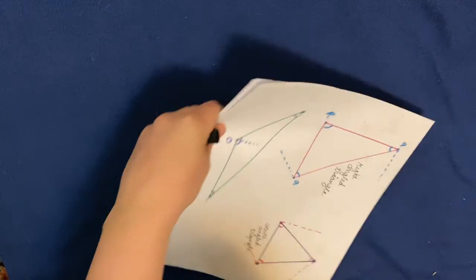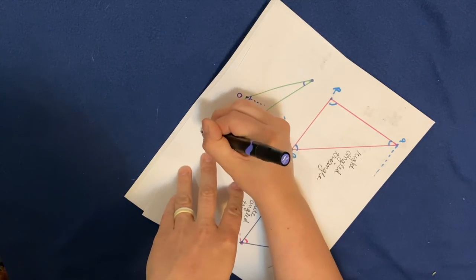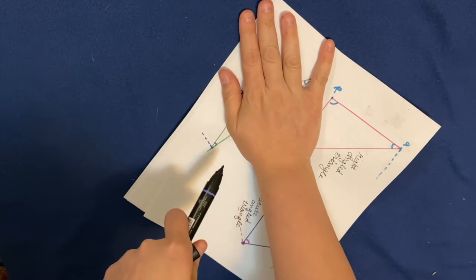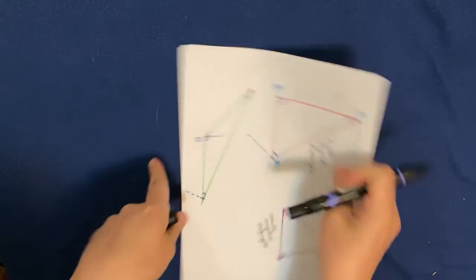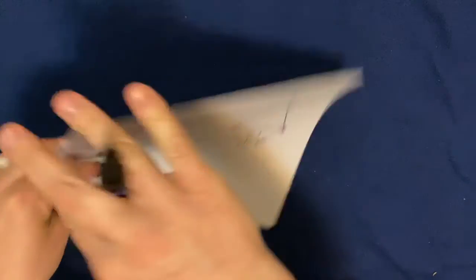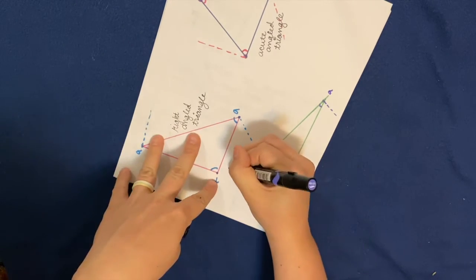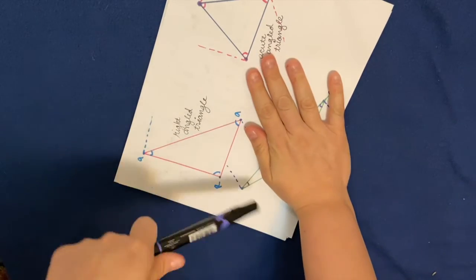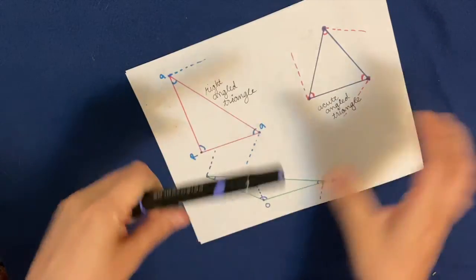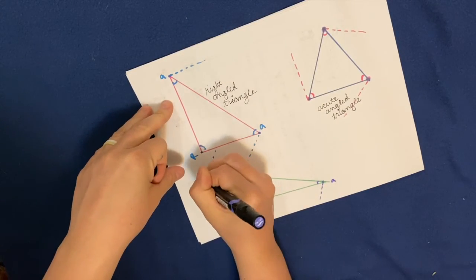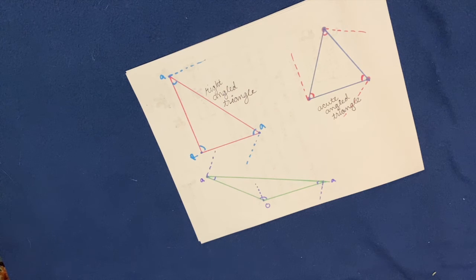Okay. Now we'll take a look here. Here is our right angle marker. Oh, that's an acute angle. And we'll take a look here. We'll just keep going the same direction we've been going. What's that? That's another acute angle. It's a cute little angle. So what's the angle that's different here?